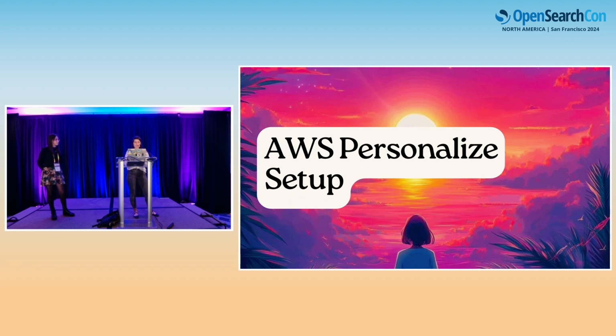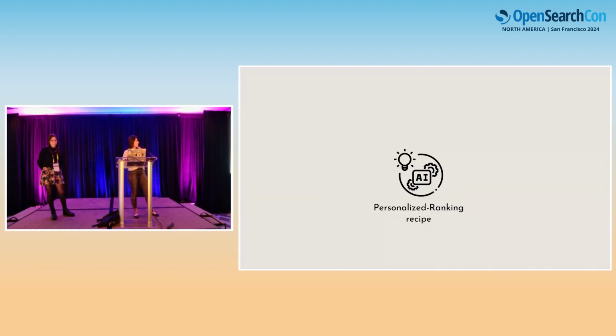Today we will focus on the special recipe called personalized ranking, because right now OpenSearch only supports this kind of ranking. Basically, it will re-rank our results according to user preferences. That's why we also need to feed in special information so it will know how to cook our data.